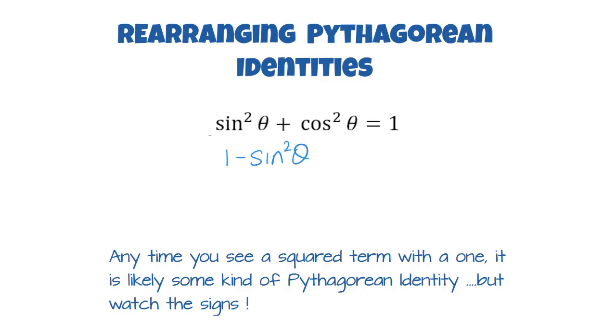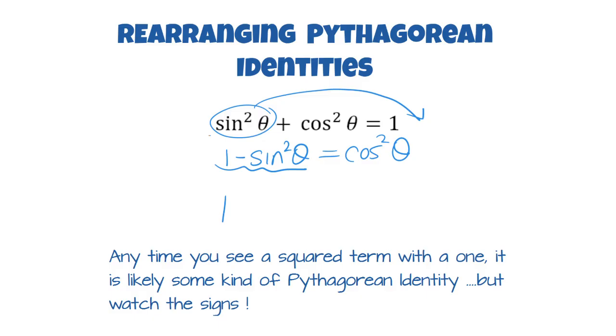And because there's a squared term there and a 1, I'm immediately thinking, oh, maybe there's a Pythagorean identity here. And all this is the Pythagorean identity rearranged. It's the 1, and I've taken the sine squared to the other side. So this is actually the equivalent of cosine squared theta. So if I see this, I could replace it with just a cosine squared theta.